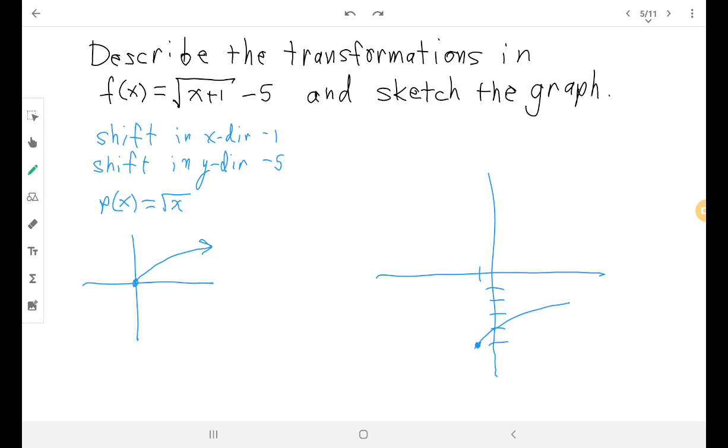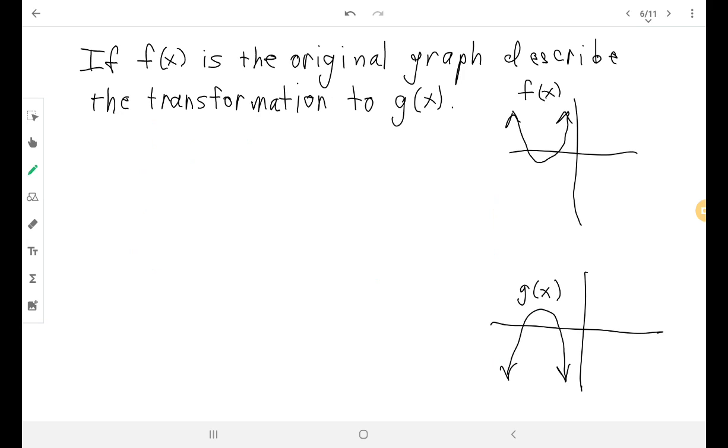But other than that, it looks exactly the same. So I'll give you a moment to look at that. All right, let's move on.